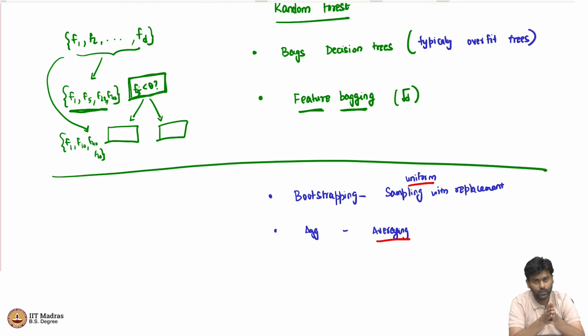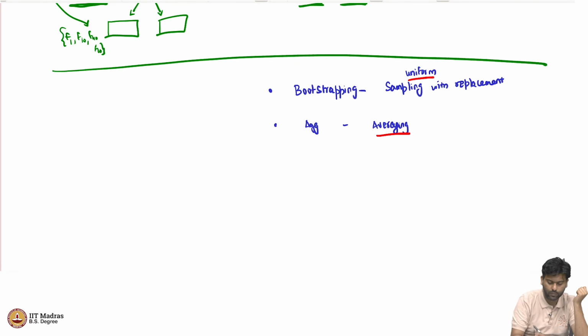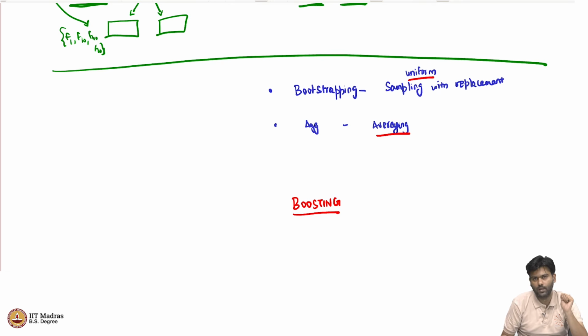The answer to both of these questions turns out to be yes, and the algorithm which does exactly these two steps, but in a slightly different way, by thinking about what is in some sense the best possible way to do each of these steps, will lead us to a very, very powerful algorithm called the boosting algorithm, which is what we will start looking at next.